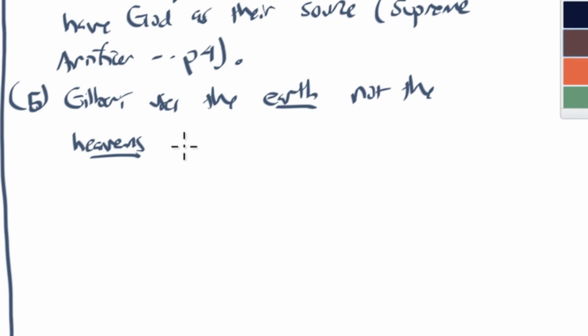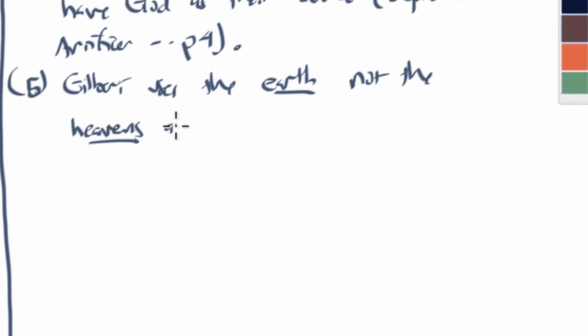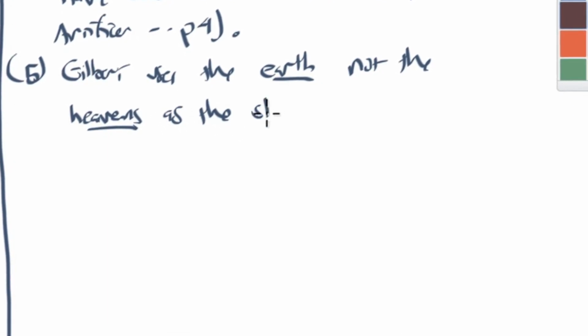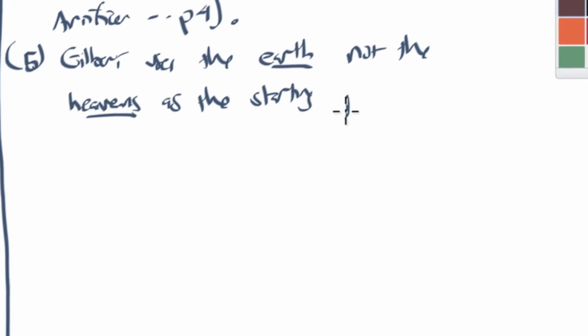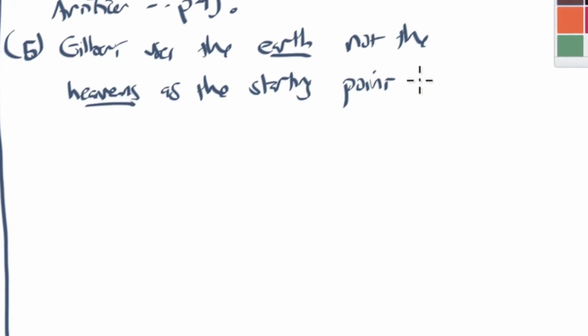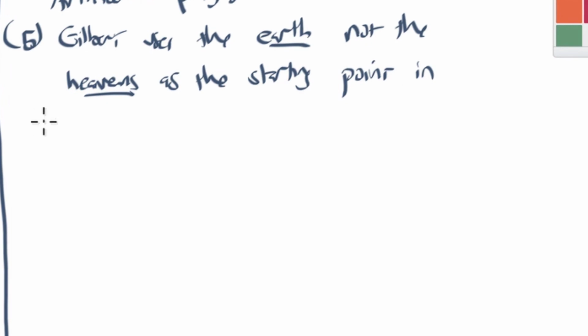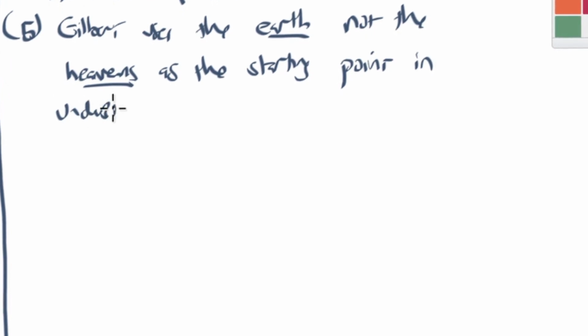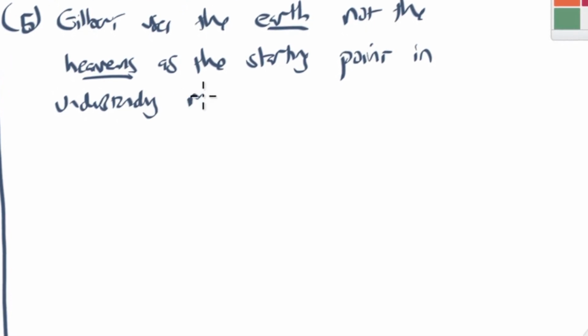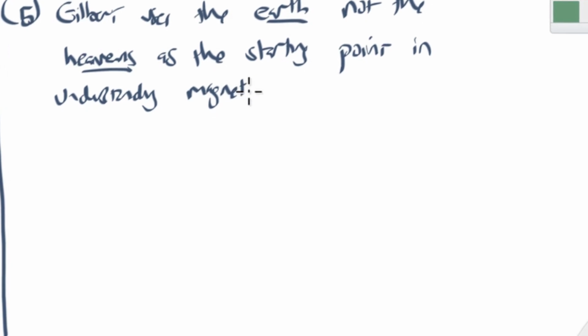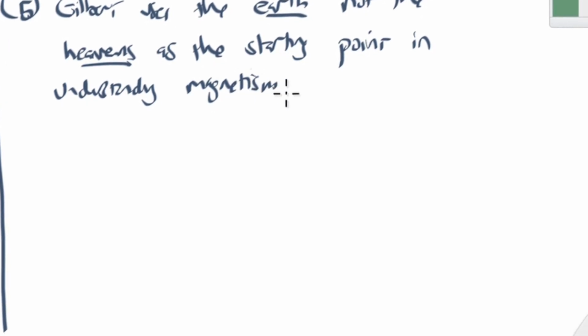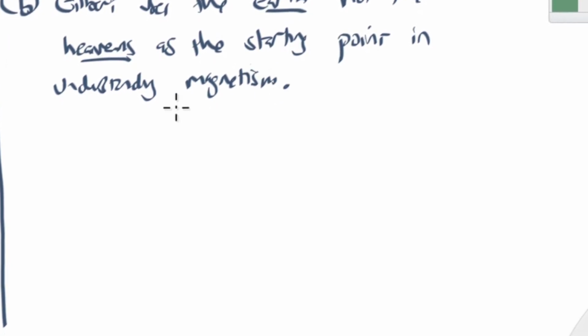Gilbert uses the earth, not the heavens, as the starting point. It's a starting point in understanding magnetism. He has a very earthy approach to this, a mundane approach.